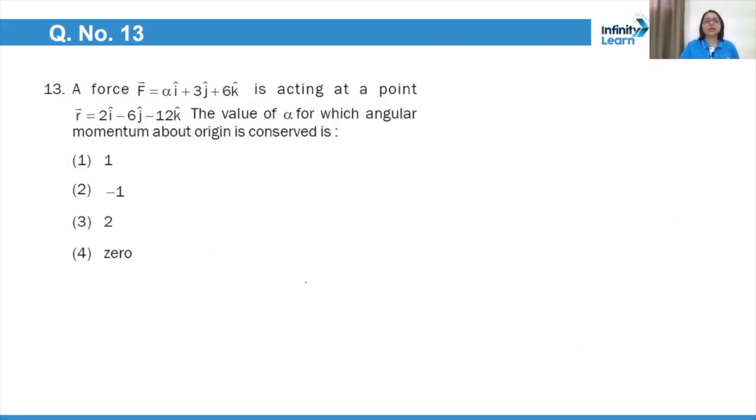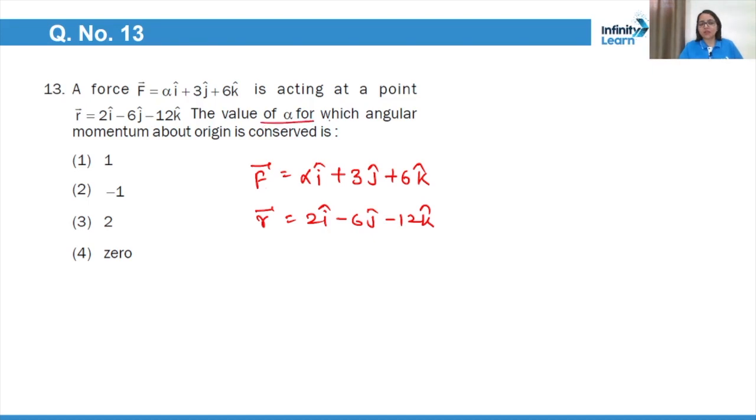Question number 13. A force F vector is equal to alpha i cap plus 3j cap plus 6k cap, acting at a point R vector, 2i cap minus 6j cap minus 12k cap. What is the value of alpha for which angular momentum about the origin is conserved? If angular momentum is conserved, that means the torque about the origin should be 0.